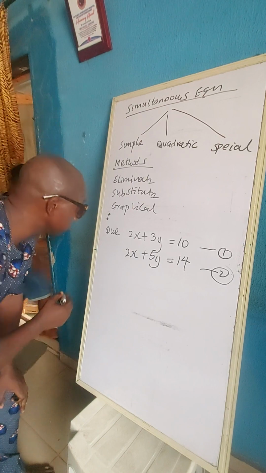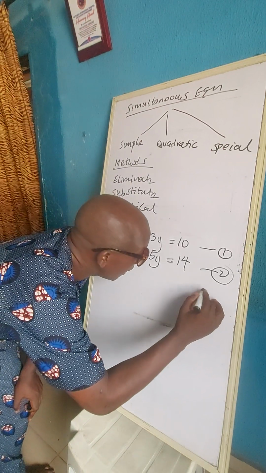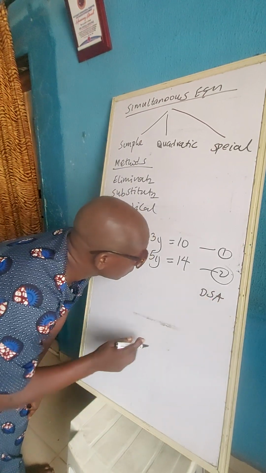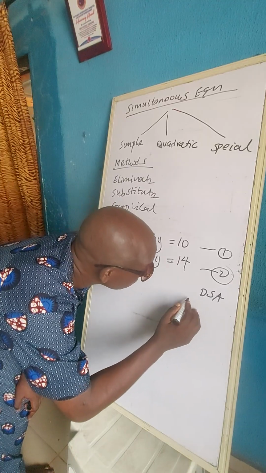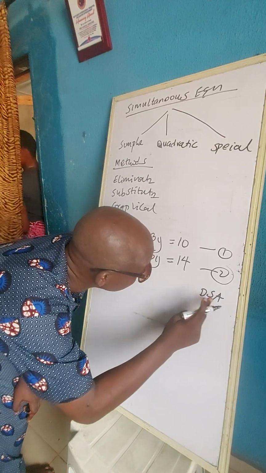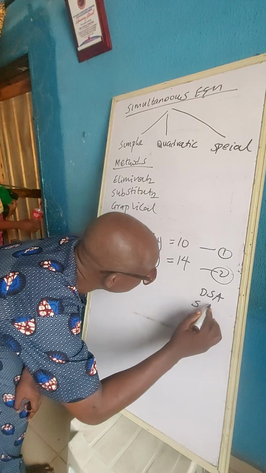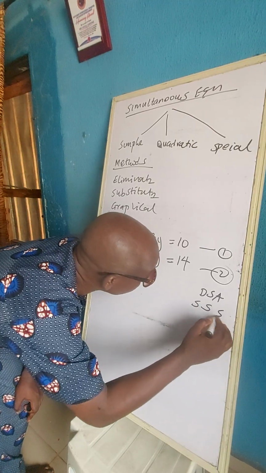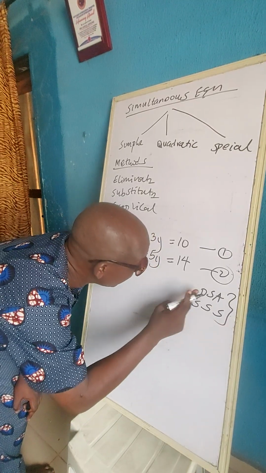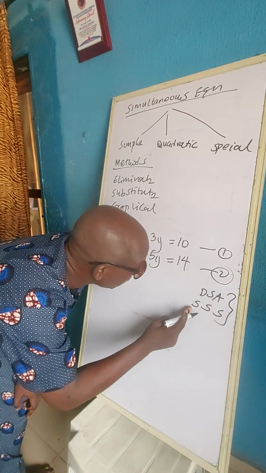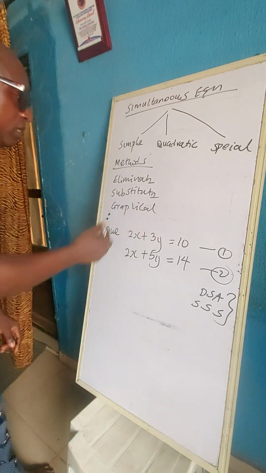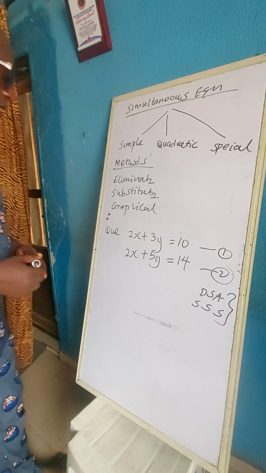How do I mean by DSA? Different sign addition, same sign subtraction. We need to make it 1.